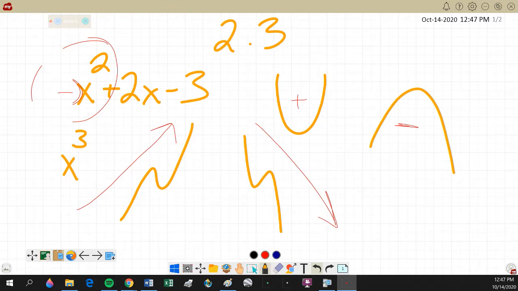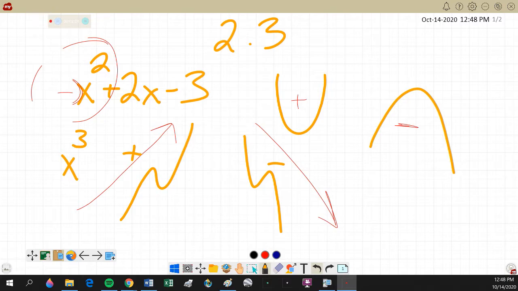So when we're talking about an x to the third graph, we say it goes up or it goes down. Now, it's going to wiggle in the middle, but a positive x to the third is going down to the left and up to the right. Does that make sense? Yeah, it's like climbing up a mountain from left to right. You might do some ups and downs in the middle, but overall, as we go to the right, we're going up. Okay? So this is positive and this is negative.